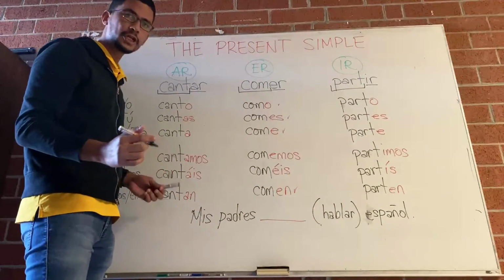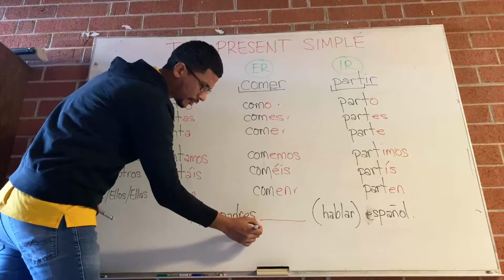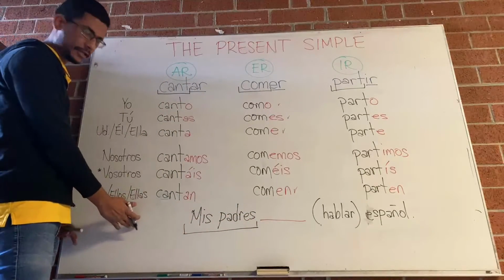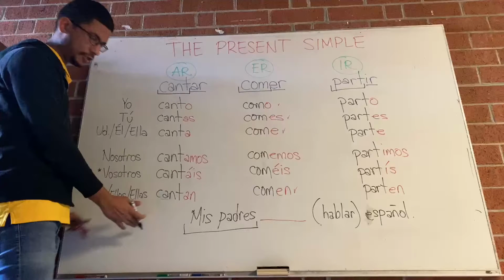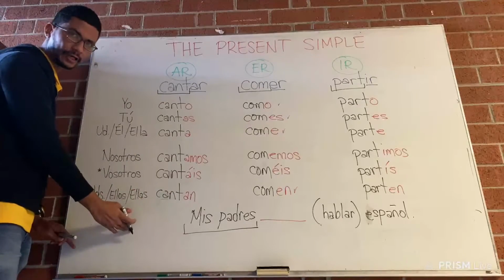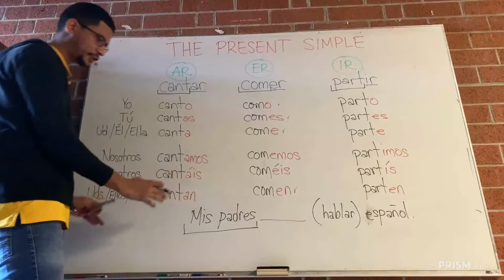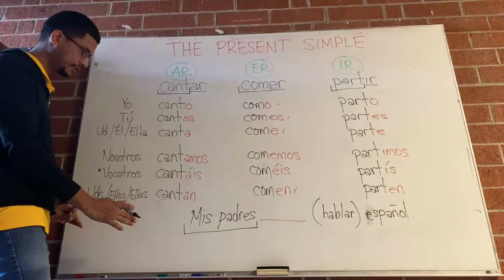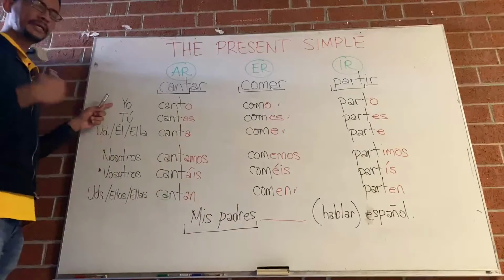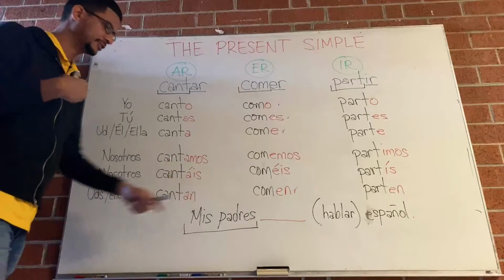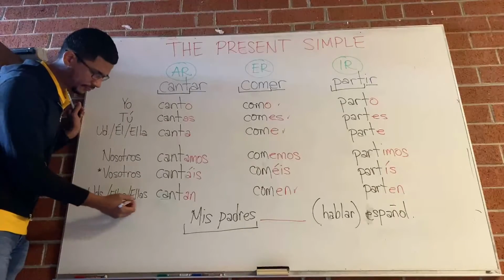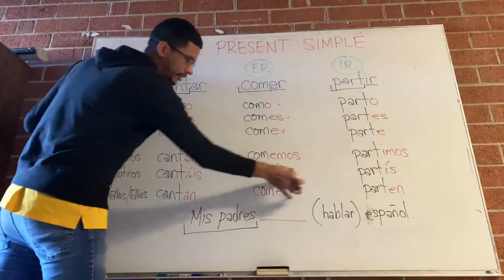So first thing you need to know is what subject this is, right? Because you don't have mis padres here, but you have to replace these mis padres with any of the personal pronouns here, not to change it, but to know which one they are talking about. So mis padres, that would not be yo, because it's not yo, it's my parents. So it's they. So for they, you have ellos or ellas, this conjugation that you have here, right?